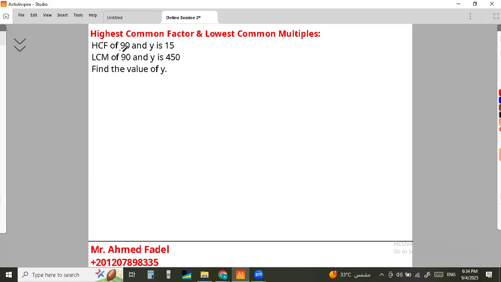The two numbers that you're getting the HCF and LCM for, if you multiply them by each other, like 90 times Y, which is 90Y, they give you the same answer as multiplying the HCF by the LCM, which means 90 times Y is the same as 15 times 450.